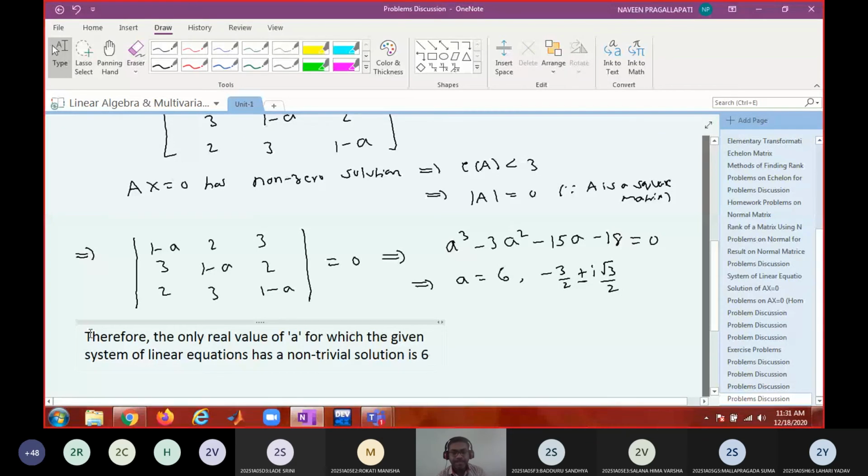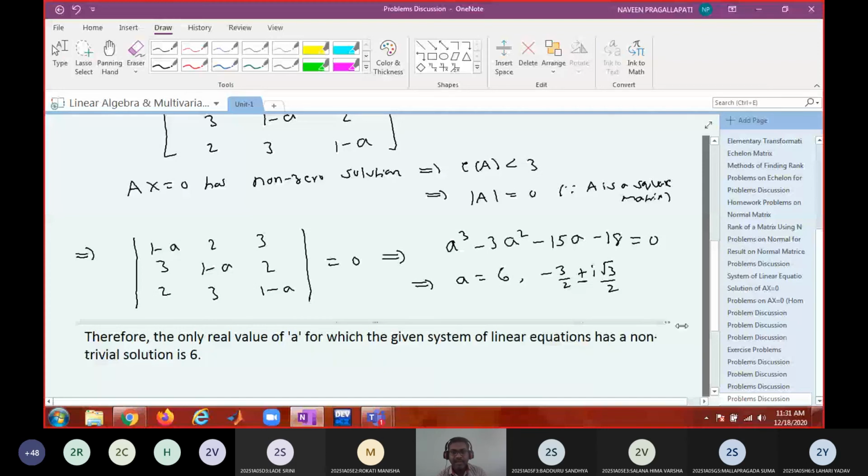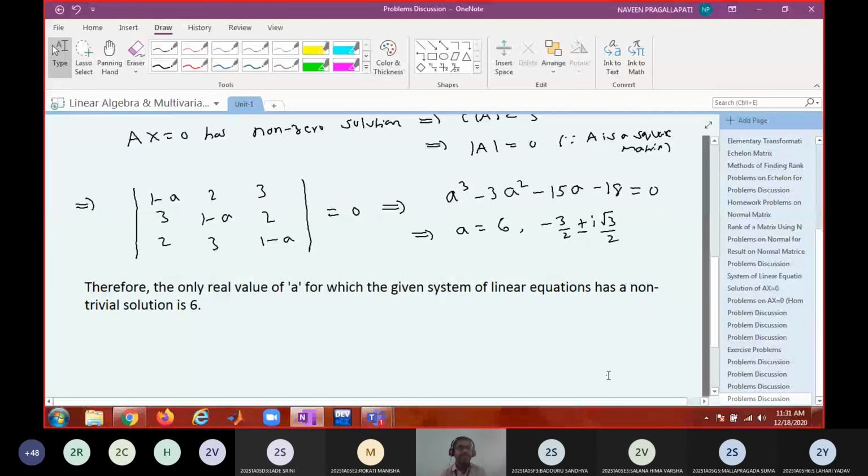Always complete your solution with a nice conclusion. What you found finally should be written clearly.